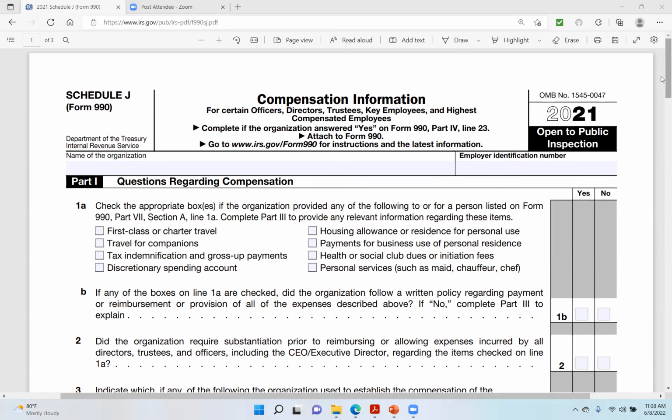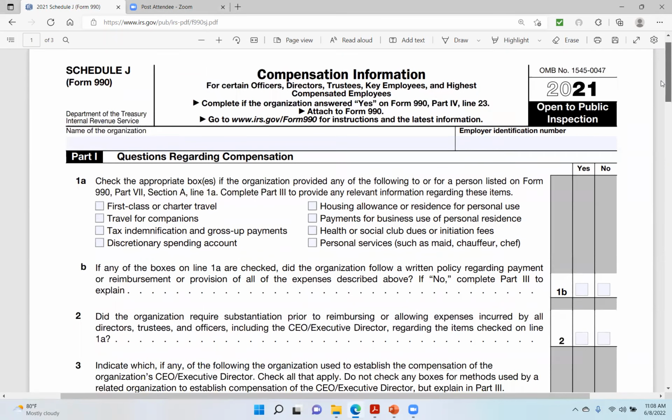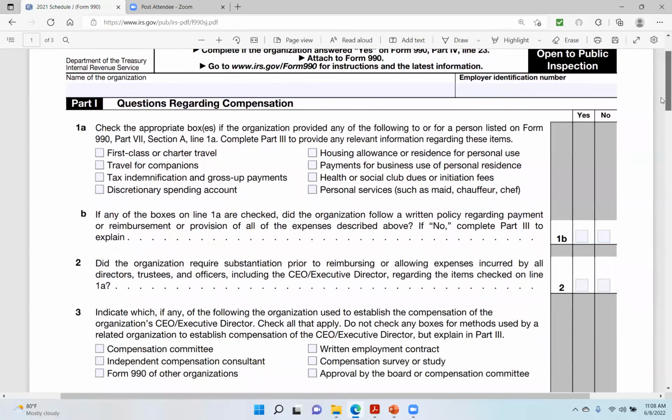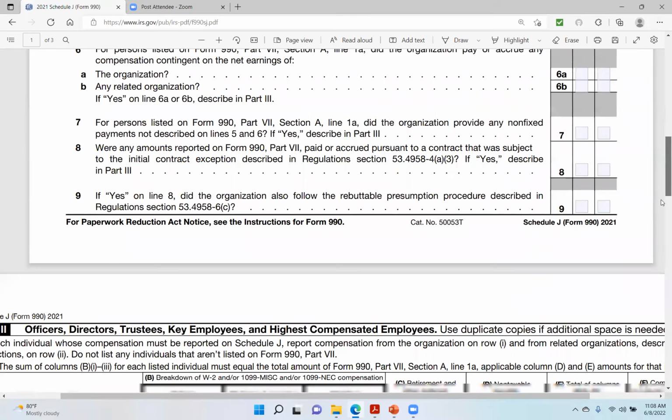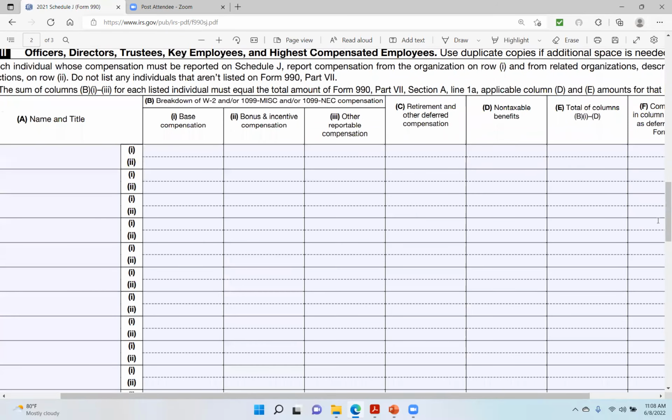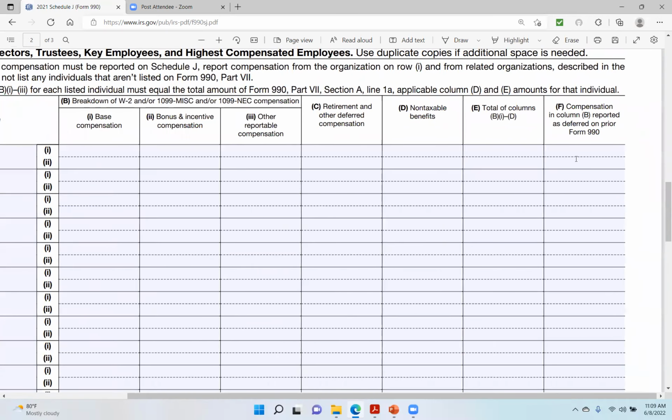So if we look through, you can see part 1 has questions regarding compensation, so on and so forth. I'm not going to read the whole thing, but I just wanted you to see what it looks like. And then it includes the name and title, the base compensation, bonus and incentive compensation, other reportable compensation, retirement, deferred compensation, non-taxable benefits, total of columns, and then in the column F, the compensation.